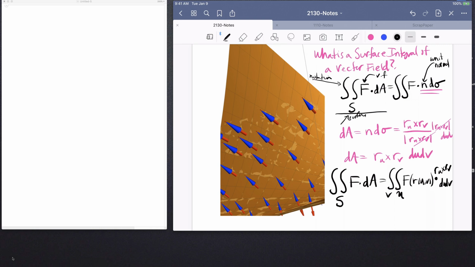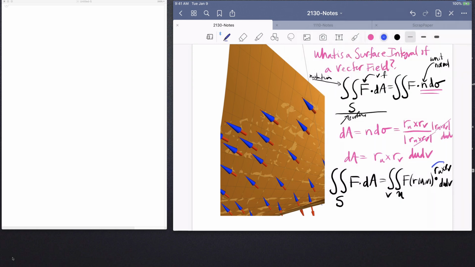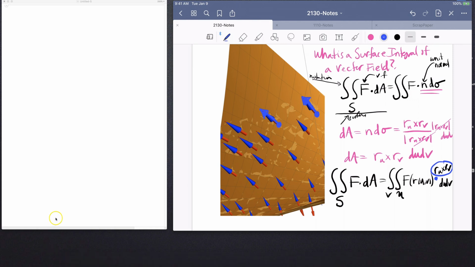Okay, so the meaning of this integral, we can go into that a little bit now. We're seeing here in this picture RU cross RV. We need to do a dot product with that quantity. We're familiar with this quantity. This is the normal vector to the surface. So at every point on the surface, there is a normal vector at that point. So n is equal to RU cross RV.